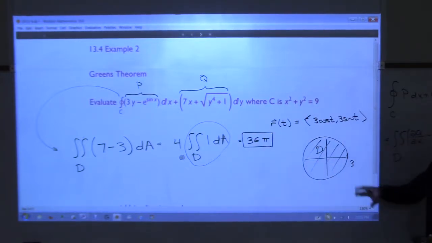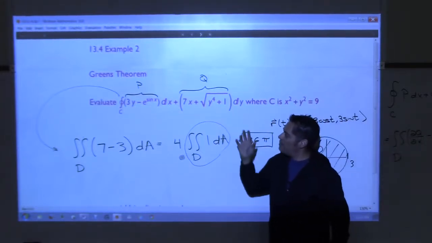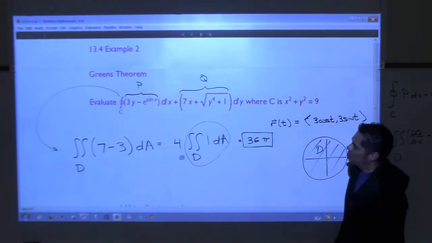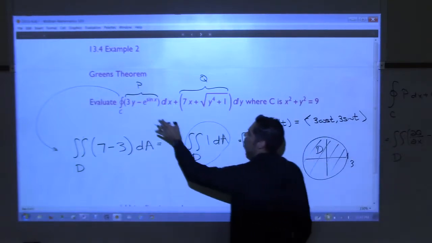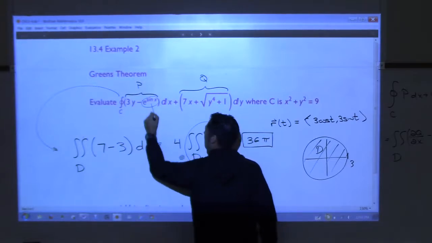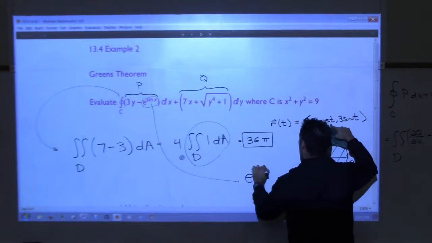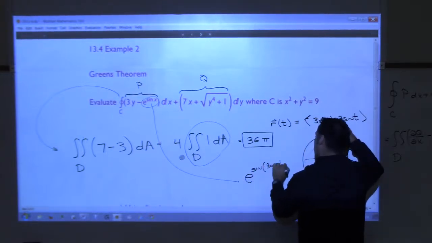While some poor soul who's never seen Green's theorem is sitting there plugging in, and just imagine just what this first part would look like. You know, just that part. If I plugged in for x, I would be trying to integrate e to the sine of 3 cosine of t.